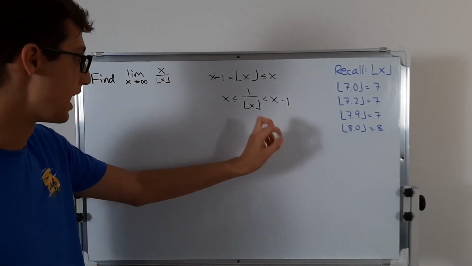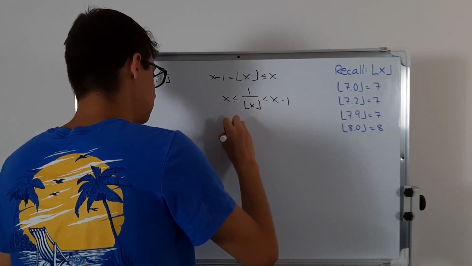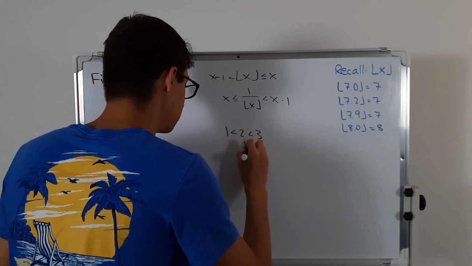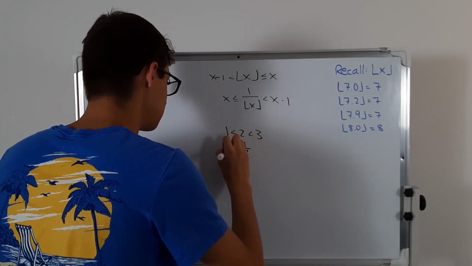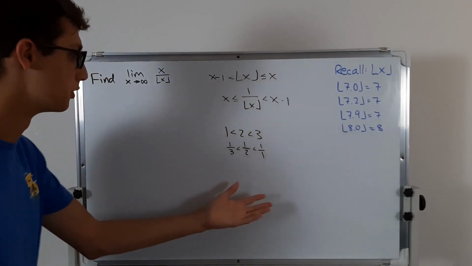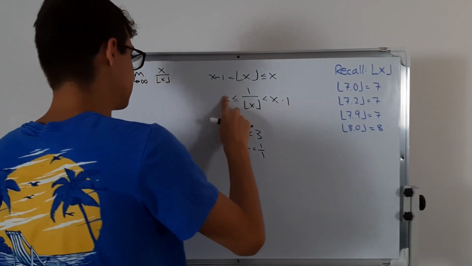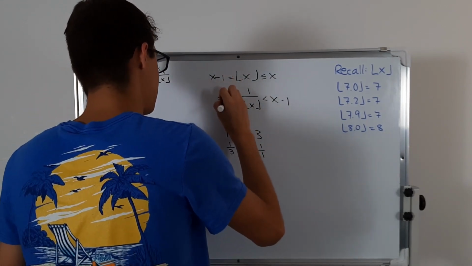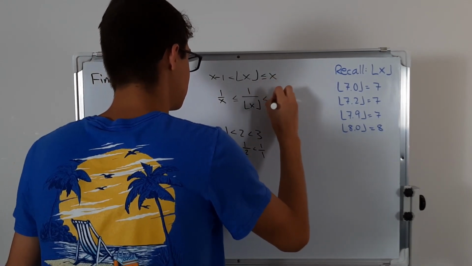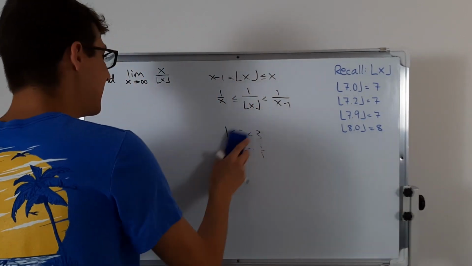Because if you think about it, 2 is between 1 and 3, but 1 over 2 is between 1/3 and 1 over 1, which is just 1. So something like this is pretty much the same thing. I took the reciprocal, and actually, I need to make this 1 over x, and then 1 over x minus 1. And now that should make more sense.